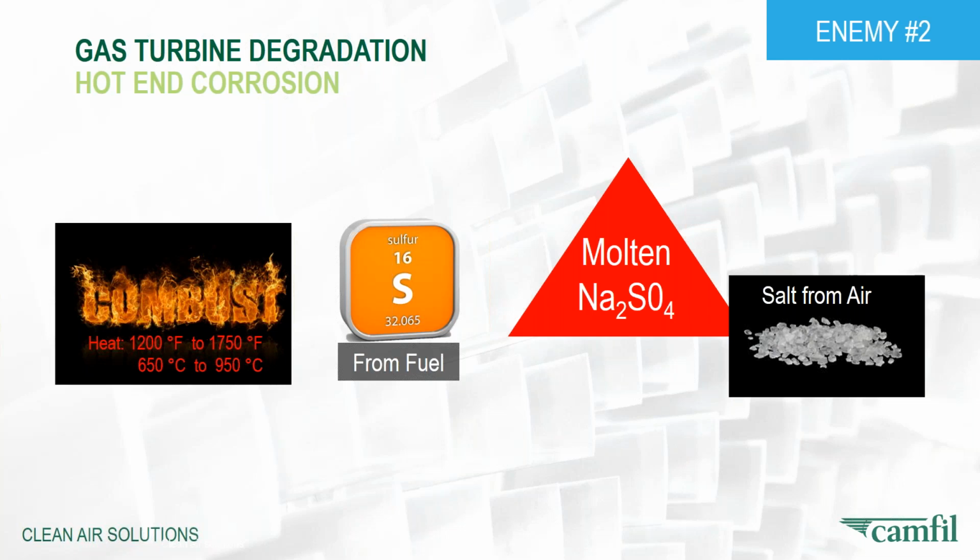And then we have two other components required, and that is sulfur from the fuel and salt from the air. Those three things combine to make sulfuric acid families of gases that will attack and eventually damage the highly sophisticated metals of the power section and of the combustion liners.